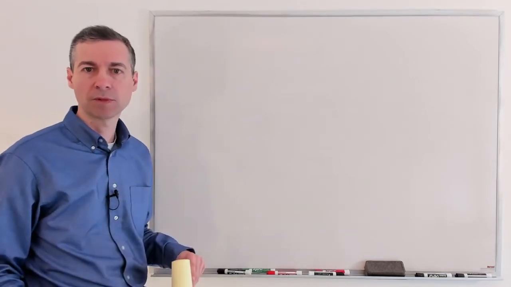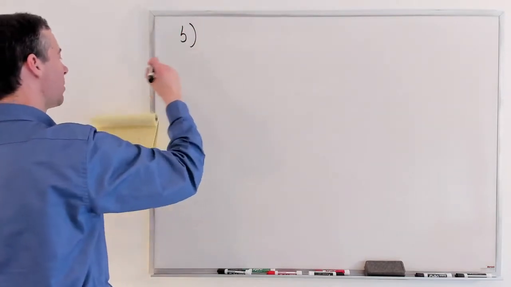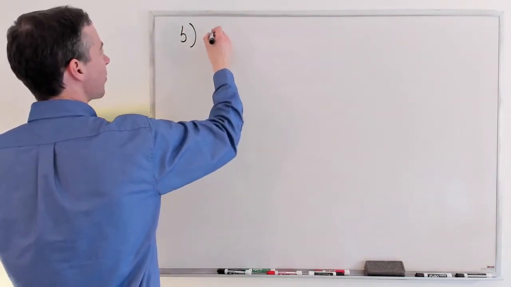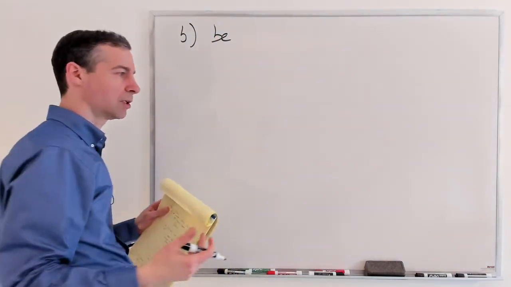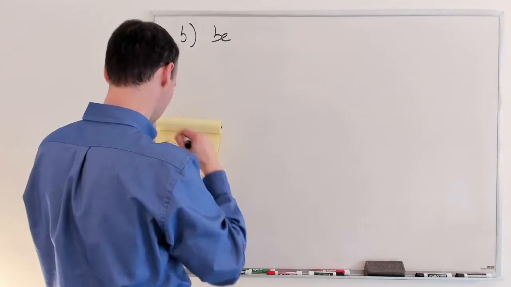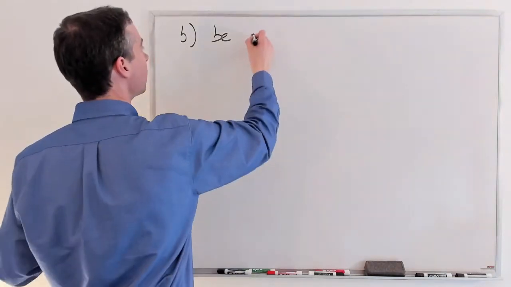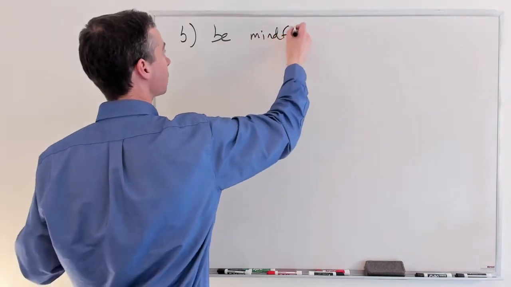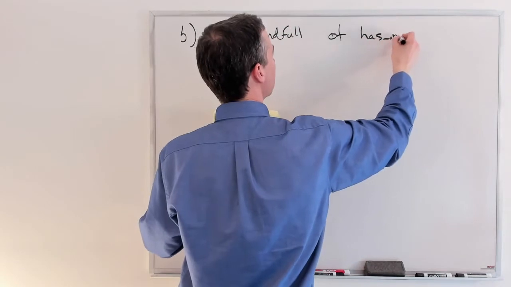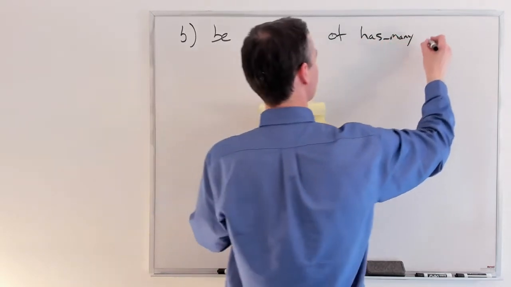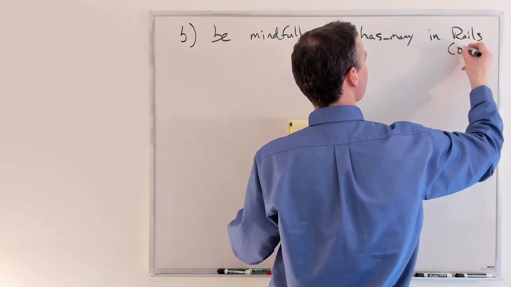But we can have some efficiency issues. And so the second thing is that when we deal with these web apps, and we're using one of these ORMs, object relational mapping, or manager, I guess, but ORM, we need to be mindful of has_many in Rails or anywhere else where we have an ORM.